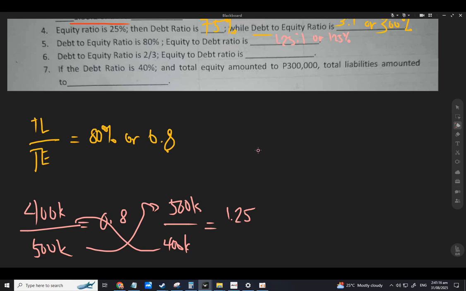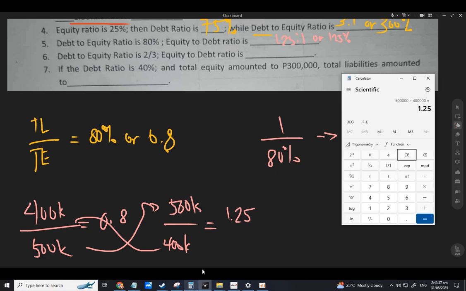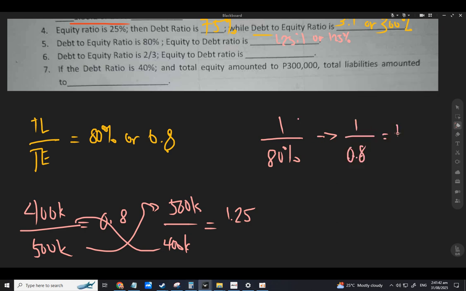But there's an easier way para hindi ka na mag-invento pa ng mga example. Gawin mo, di ba debt to equity ratio, pag babaliktarin mo siya, kunin mo yung reciprocal. So, 1 over 80% or 1 over 0.8. Kuha ka ng calculator, and that will be 1.25. Diba? You just get the reciprocal.